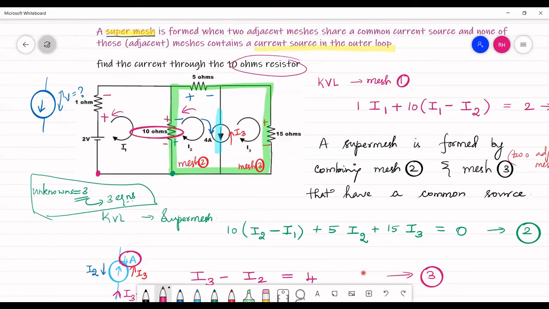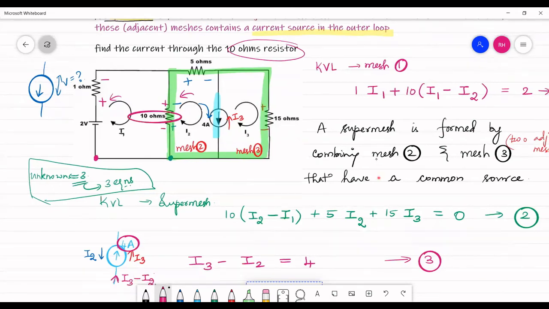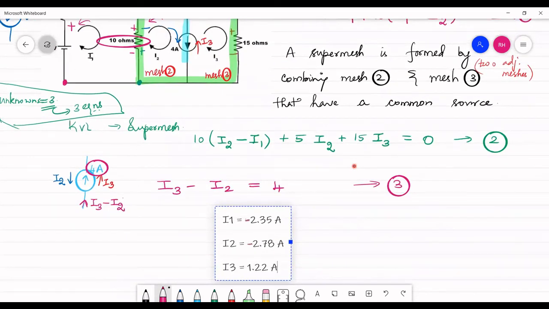So here we have the 10 ohm resistor. Let me draw the 10 ohm resistor separately. I1 is the current that is flowing in the downward direction. So I1 is equal to minus 2.35 ampere if the current's direction is downward, as you see here.